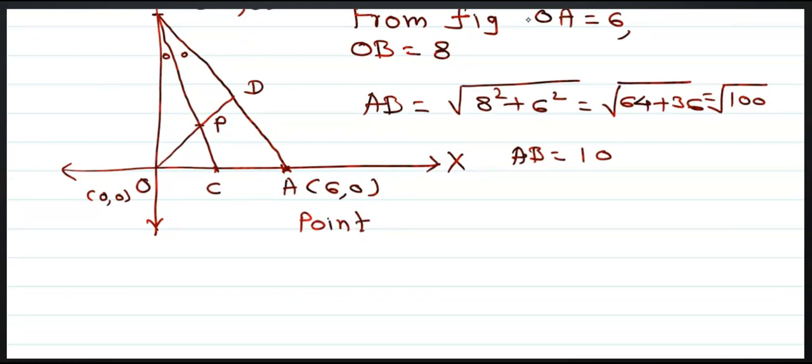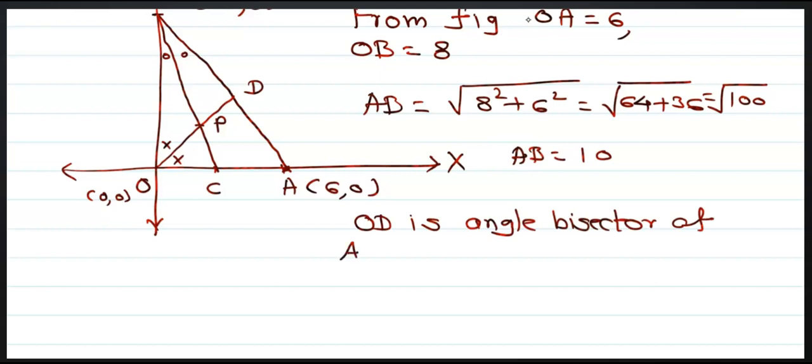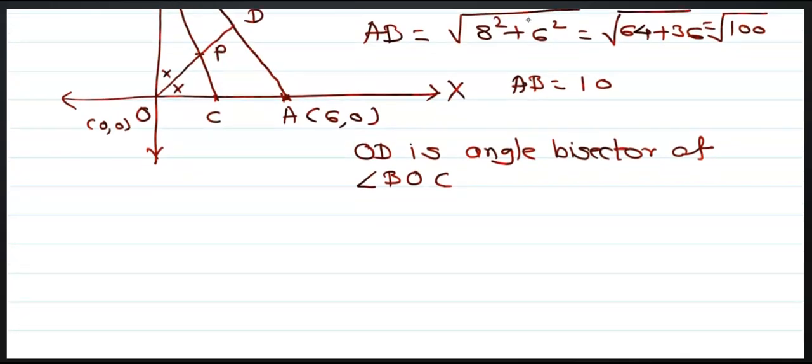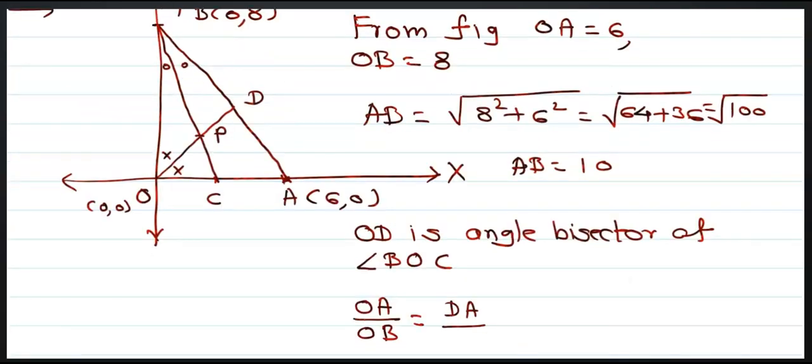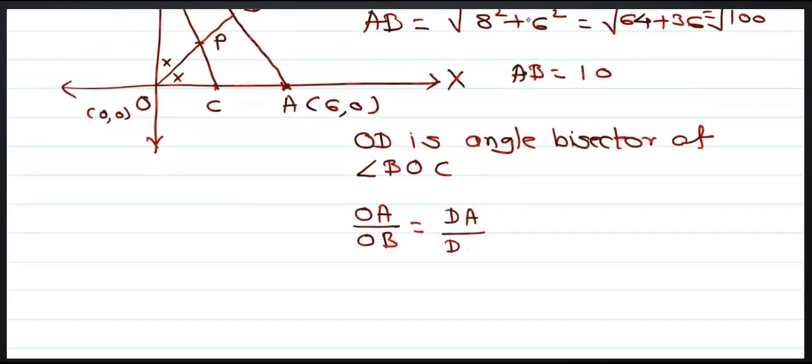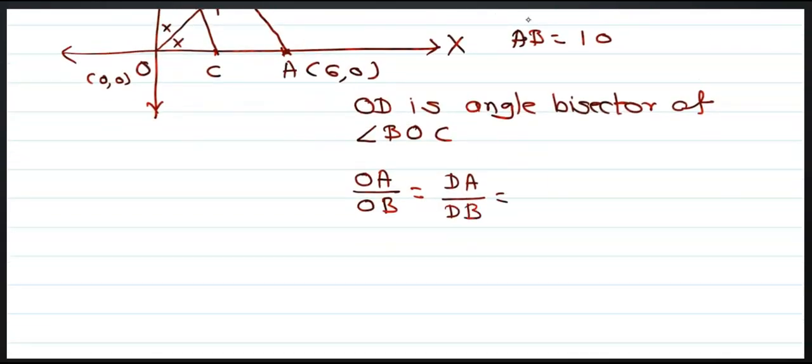Therefore, OD is the angle bisector of angle AOB. Sorry, by mistake it is written as BOC, but it is AOB.